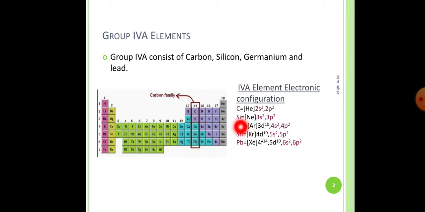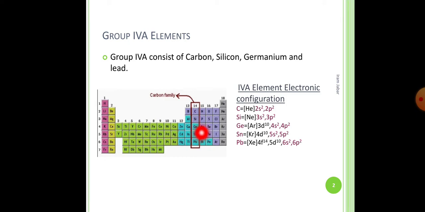Same is the case with silicon. Silicon belongs to third period, so its valence shell is 3 and again belongs to group 4A, so this valence shell contains 4 electrons present in 3s2 3p2. Same is the case with germanium, tin and lead.